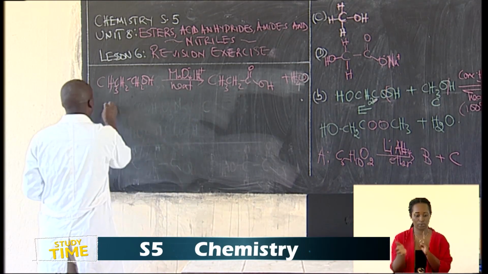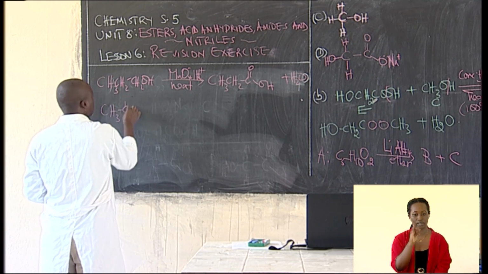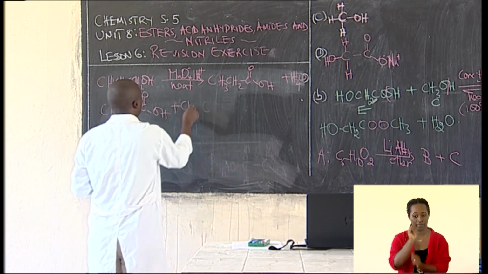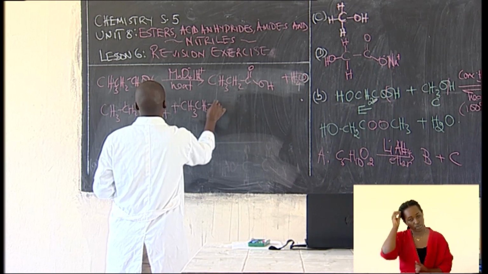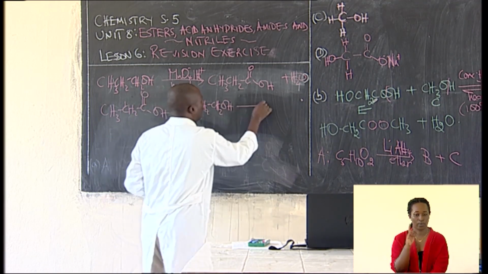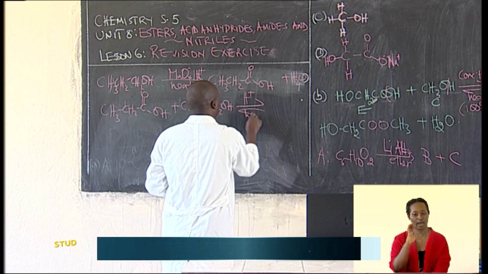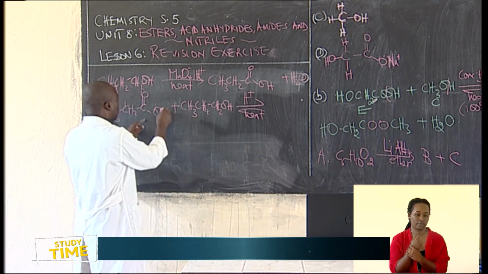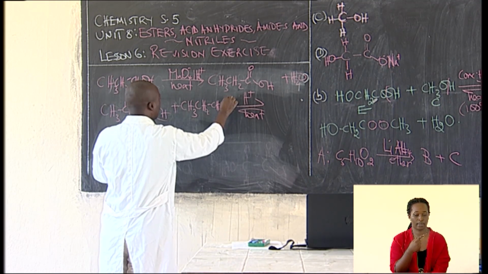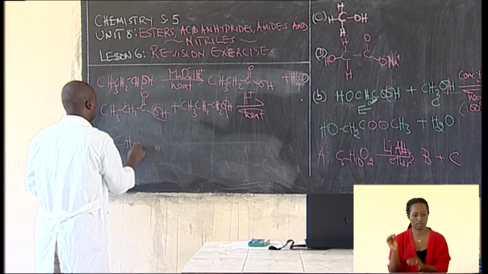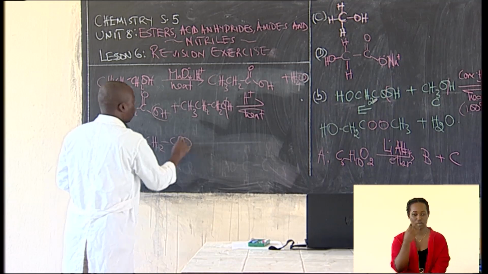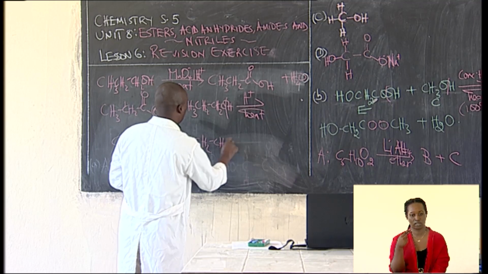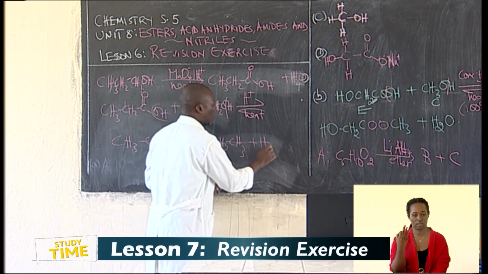And then react the carboxylic acid that you have got with the alcohol, the original alcohol, in presence of the acid, and then heat. So you are going to get that ester. So as we said, this one and this are removed as water, so you'll get CH3, CH2, COO, then CH2, CH2, CH3, and water.